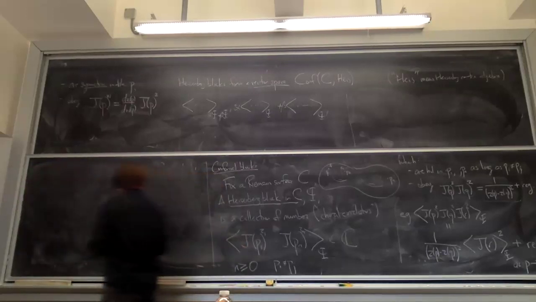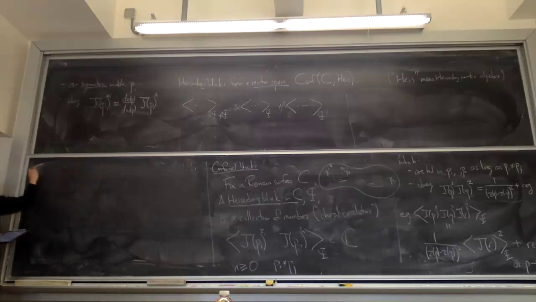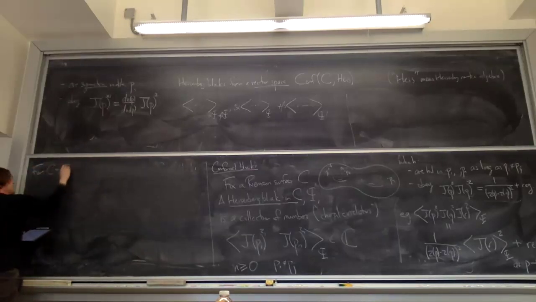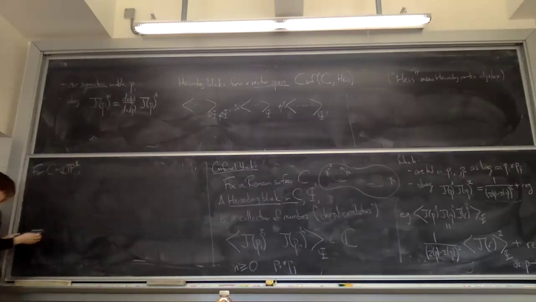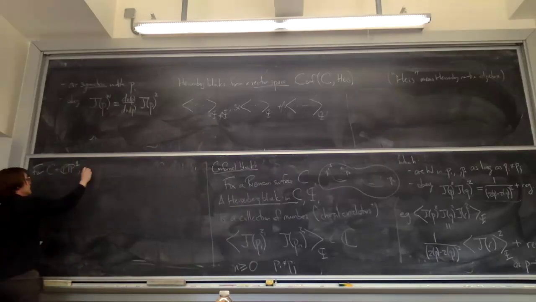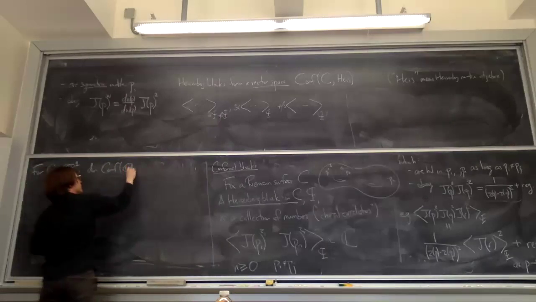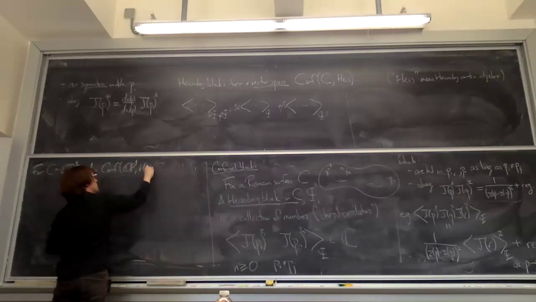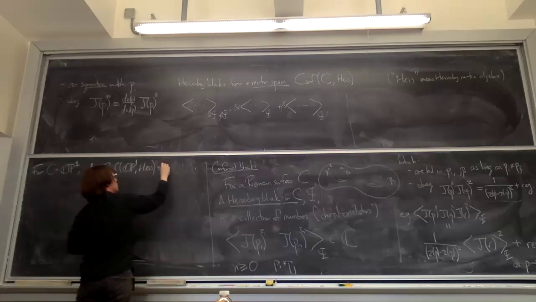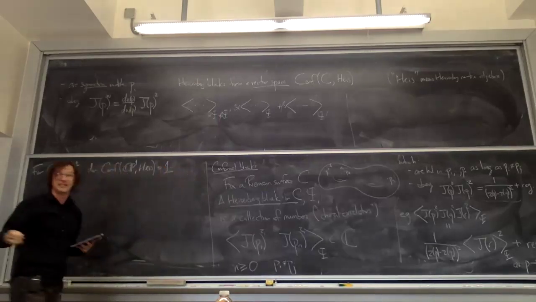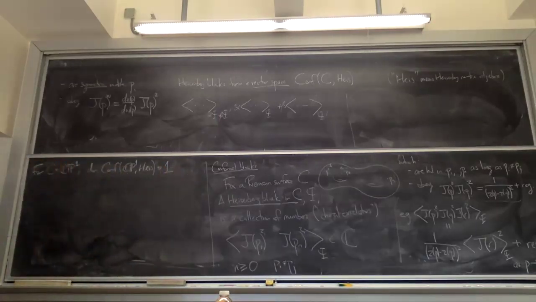In the case of CP1, the space of Heisenberg conformal blocks is one-dimensional. You asked, is it finite dimensional? For CP1, the answer is it's finite dimensional. In fact, it's one-dimensional.